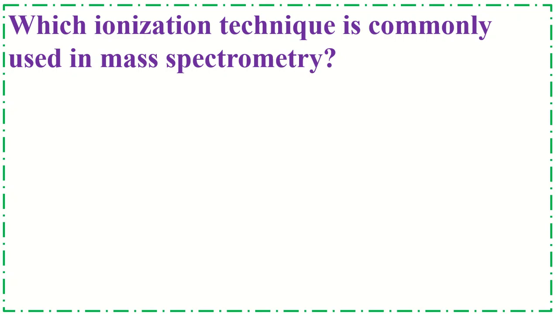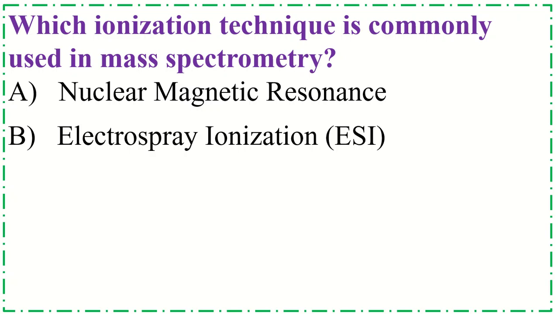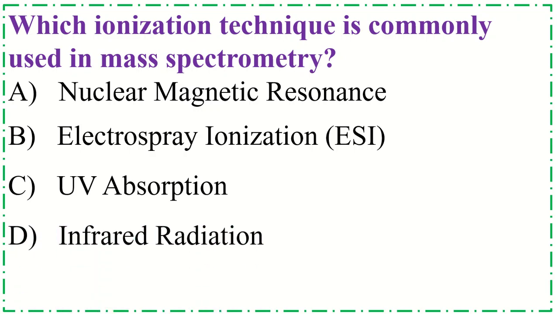Which ionization technique is commonly used in mass spectrometry? Option A, nuclear magnetic resonance; B, electrospray ionization, ESI; C, UV absorption; D, infrared irradiation, IR.